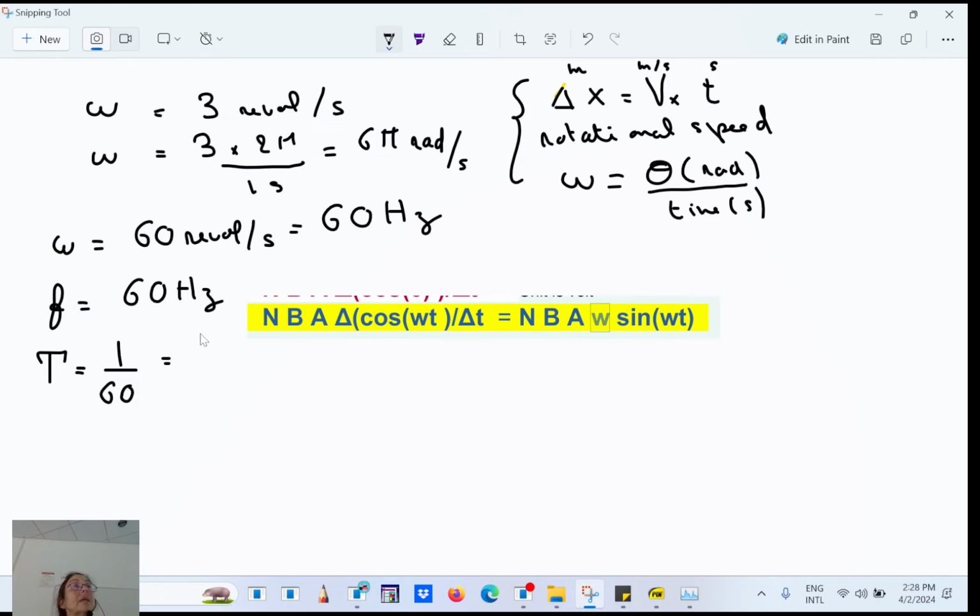Is that clear? You have 60 revolutions in 1 second. So how many seconds for 1 revolution? It's going to be 1 over 60, which is 0.017 second per cycle. And this is called the period.